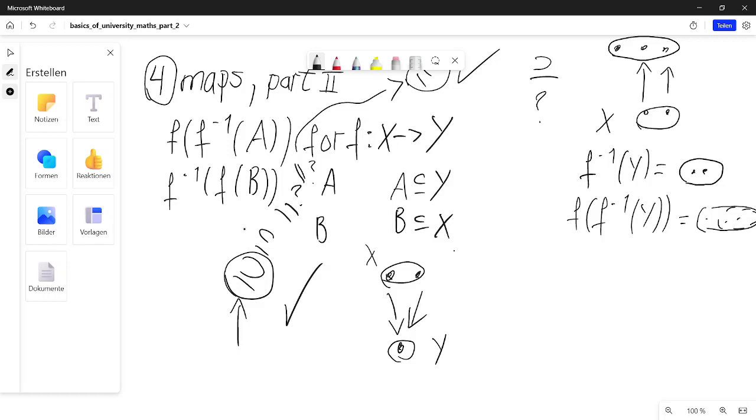To establish that the other direction is not true, we consider this b. So b is x, and we have f of x is just equal to y itself. Let's give it names like 1, 2, and 3.